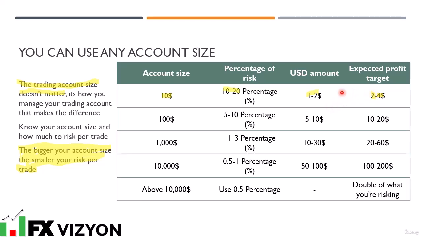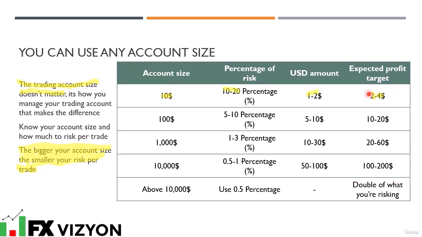If you are risking $1 to make 50 cents, then every time you lose a trade, you lose $1, and every time you win a trade, you make 50 cents. When you lose 2 trades, you lose $2, and when you win 2 trades, you make just $1. That means you are still negative $1, right?